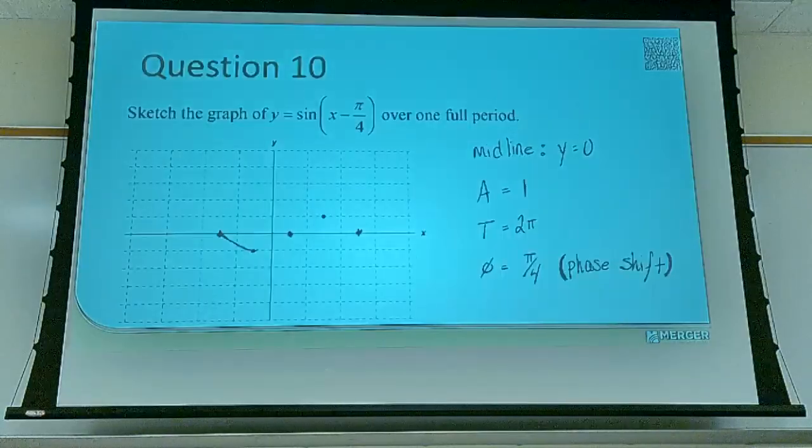Although I really should be careful and decide, at 0, where should I be crossing the y-axis? Being negative root 2 over 2. In the middle of it? Well, it's not going to be right in the middle. Negative root 2 over 2, which is about negative 1.4 over 2.